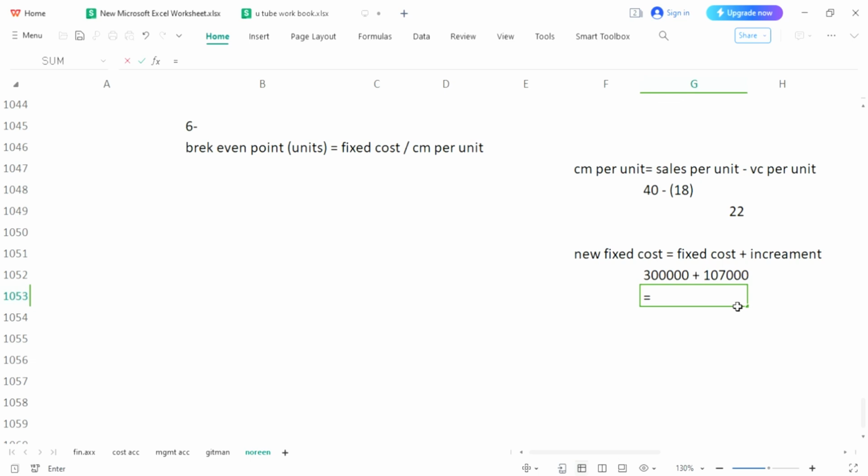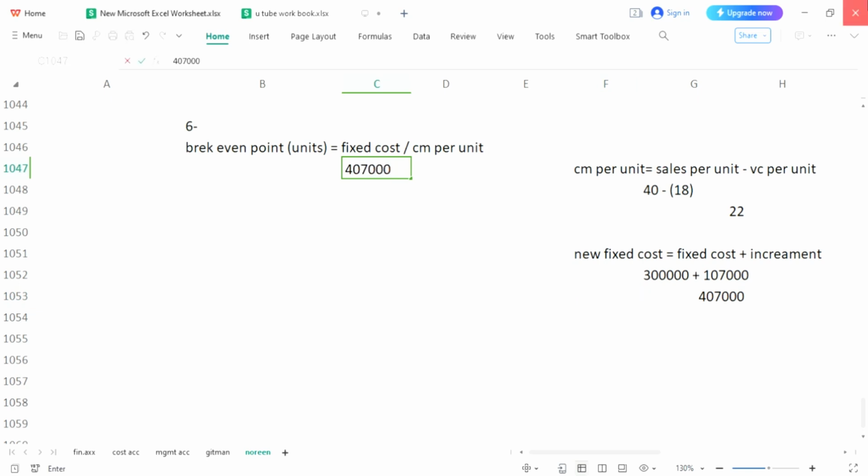Now you can calculate your new fixed cost by adding 3 lakh plus fixed expenses 107,000. Okay, 407,000 is your new fixed cost. 407,000 is the fixed cost, put over here.